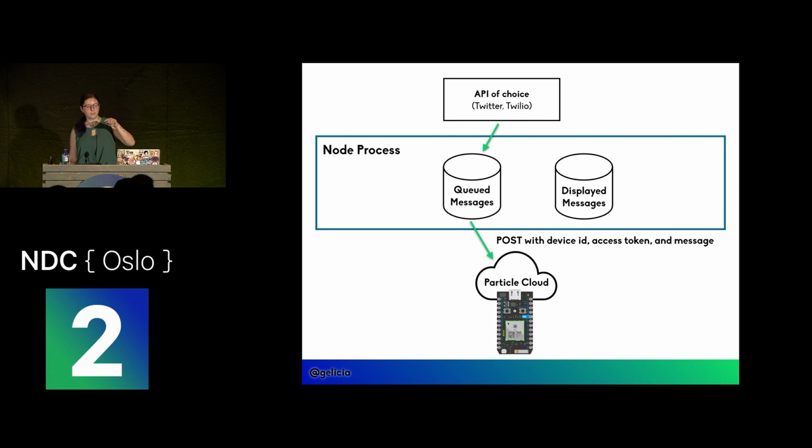Your particle is hitting this process on the other side and asking, hey, do you have anything new? Or the node process is asking, is there anything in this queue database? If there is, then send it to the particle. You can have the hardware then do whatever you want with it, display it in text, for example.